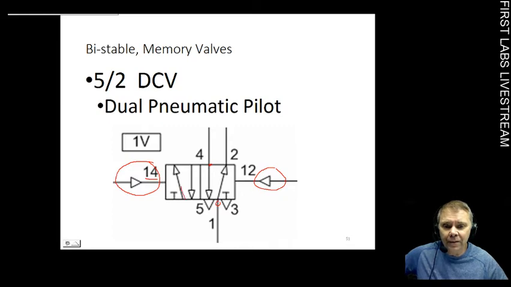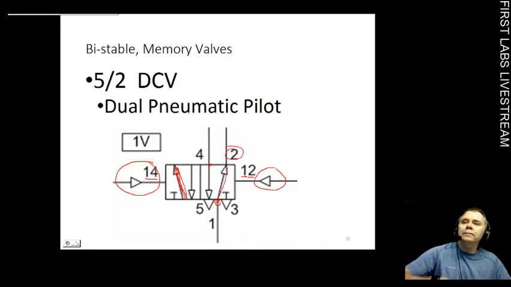Because you can see the way that the air gallery is designed right here, it's slid over, so port number 1 will tie into port number 4. If you operate the right side, 12, then you can see port number 1 is tied to port number 2.